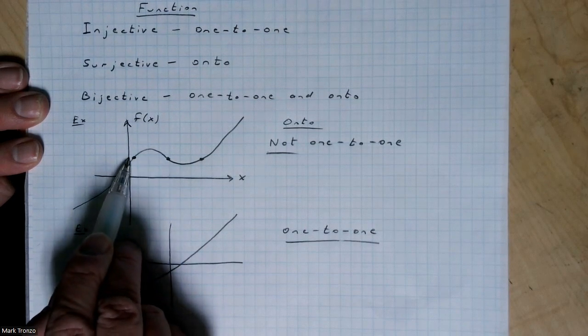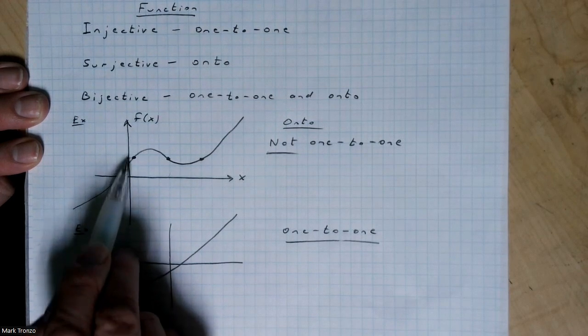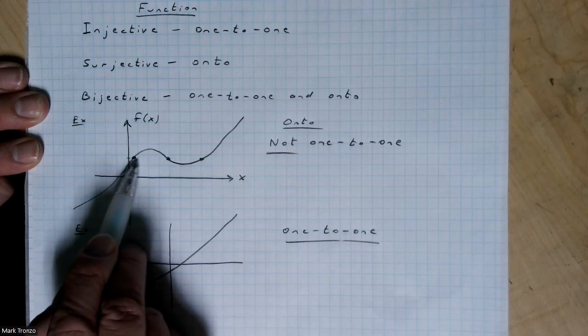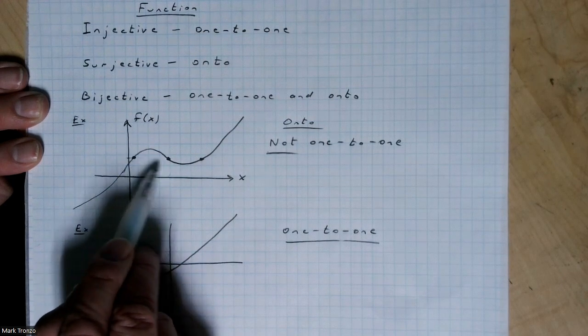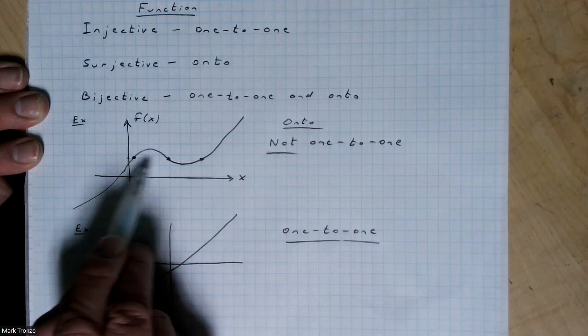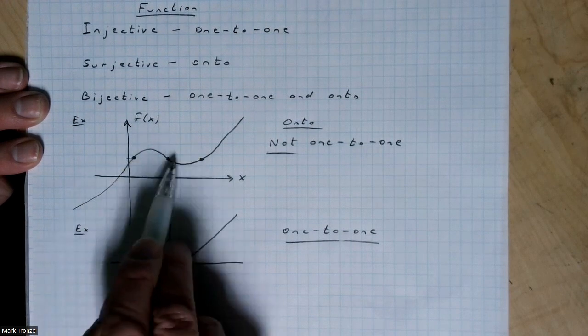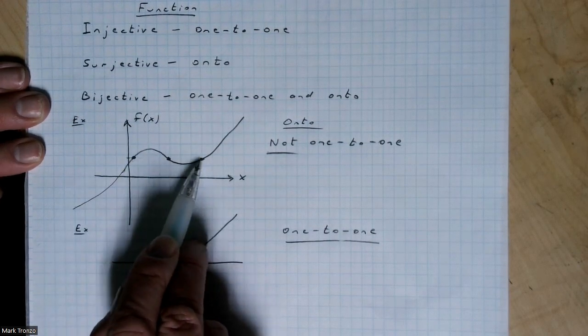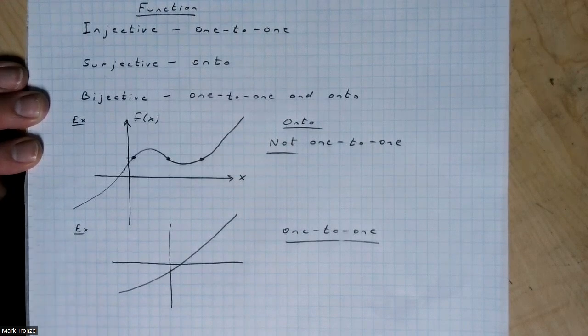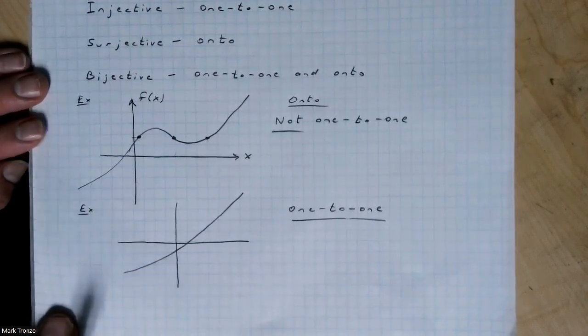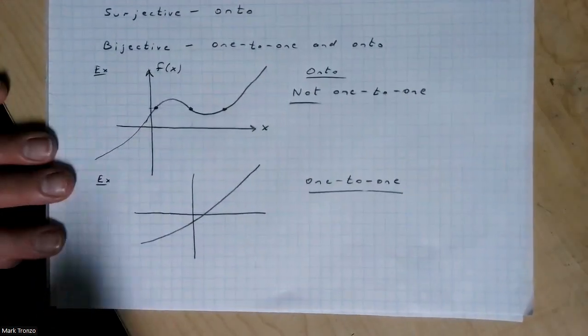For example, let's say this function value here is maybe 8. You see that two different x values produce that same function value. And actually, if you go over here, really 3 produce that same function value. So this function looks like it's not one-to-one.